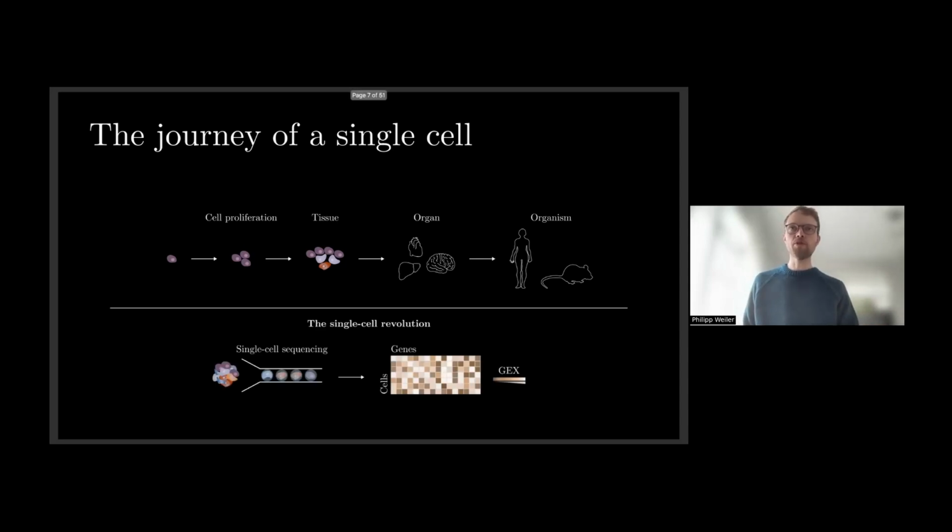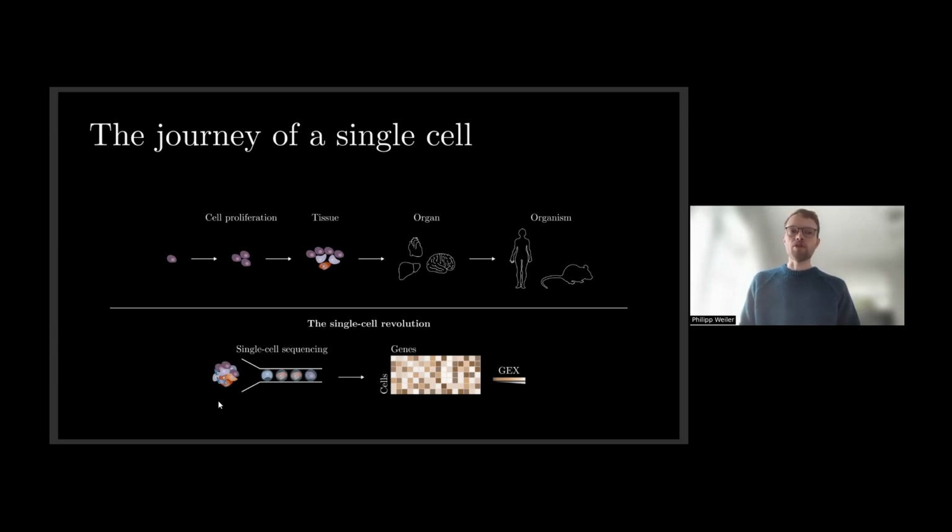And the data that we use to answer these questions is single cell data. Specifically, in our case, mostly single-cell RNA-seq data. What that means is that you take your sample, so for example, a brain sample or liver sample.